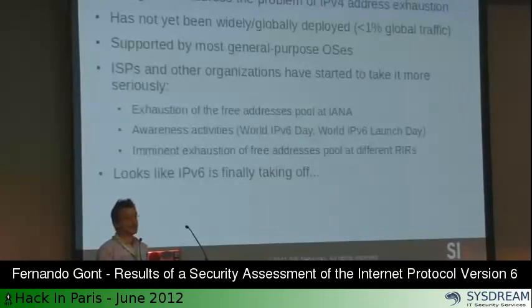Some ISPs may still be able to do that, but you cannot really request any more IPv4 addresses from APNIC. Other regions are following. I think the estimate for RIPE is that they are going to be exhausted either this year or next year, and probably the regions of the world that will get to exhaustion later will be Latin America and Africa, and of course that has to do with the level of development of those regions.